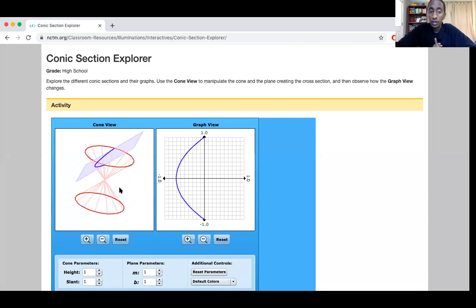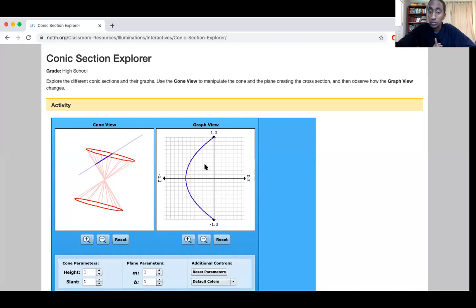Depending on how this plane intersected it in this way, this is the graph that is formed from that. Which conic section is this? Is it a parabola? Is it a circle? Is it an ellipse? Or is it a hyperbola? Those are the four options if you look there on your notes.